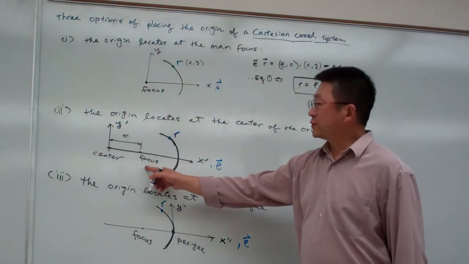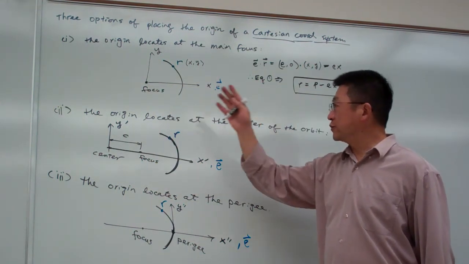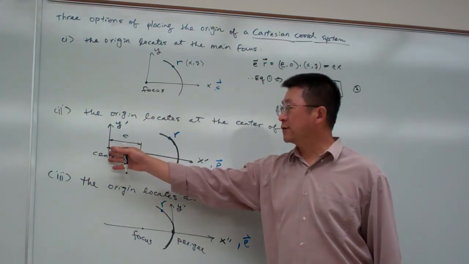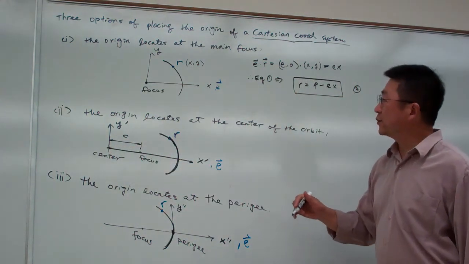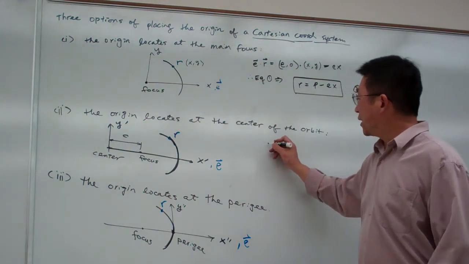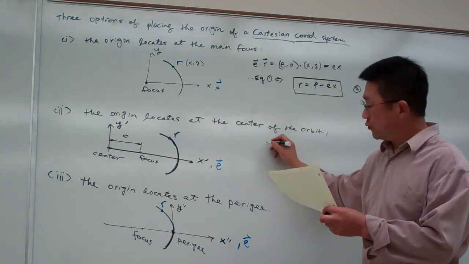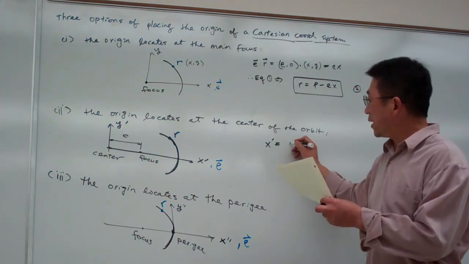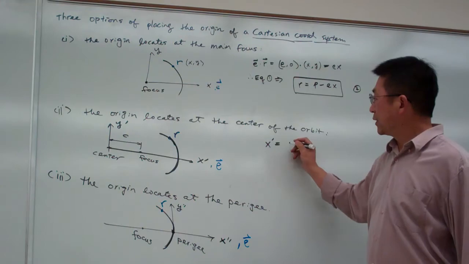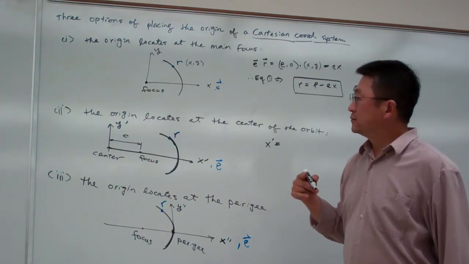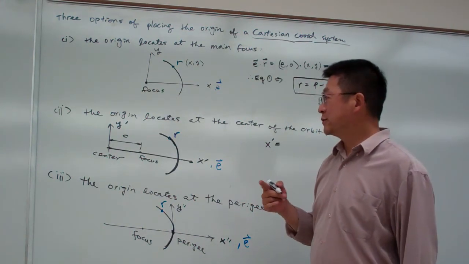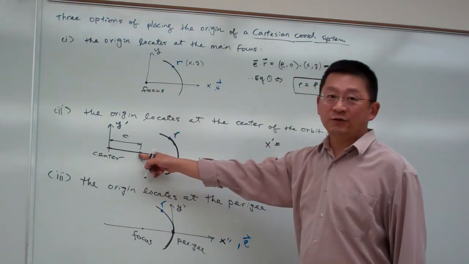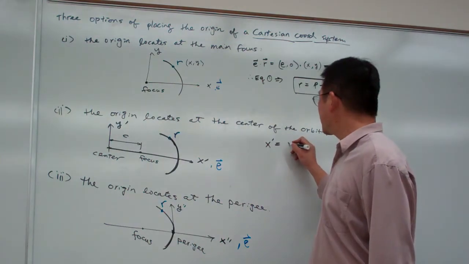For the second option, we simply do the rigid body translation of the origin to here. And so from here you compare the coordinates between the x and x prime. What we have is x prime simply equal to how much? When x corresponding to 0 is x prime corresponding to c. So that is x minus c.